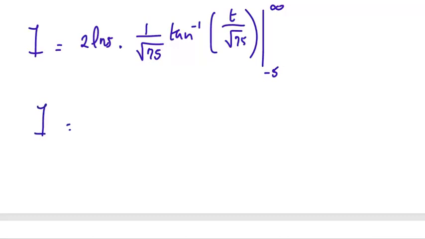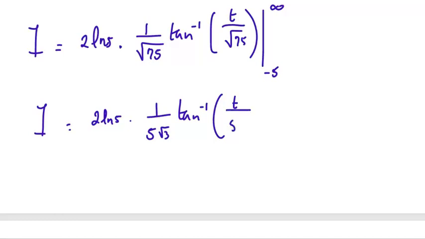So I is equal to 2 ln of 5. So multiply by 1 over 5 root of 3. Multiply by the inverse tangent of t all over 5 root of 3, with our limit running from, that's negative 5. Don't know what is wrong with me today. So this is actually negative 5.